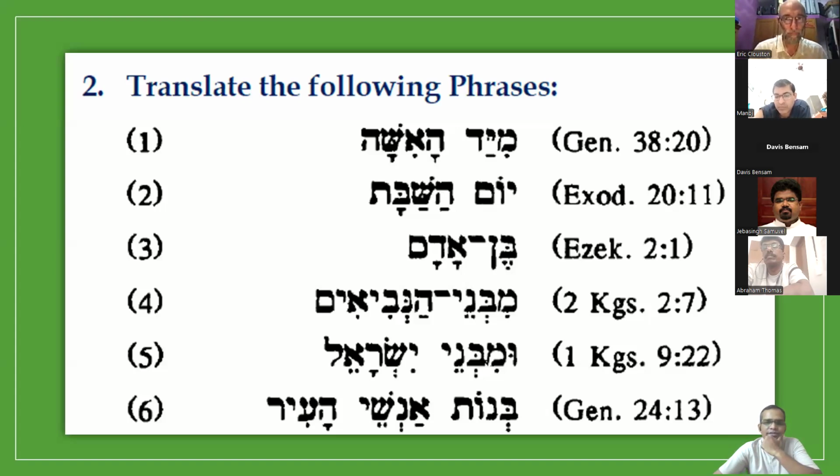So in this, there is a chain of construct and absolute relationship. The first two nouns are in the construct state, and the last one is in the absolute state. Sorry for that mistake. The daughters of the men of the city, in polished form.